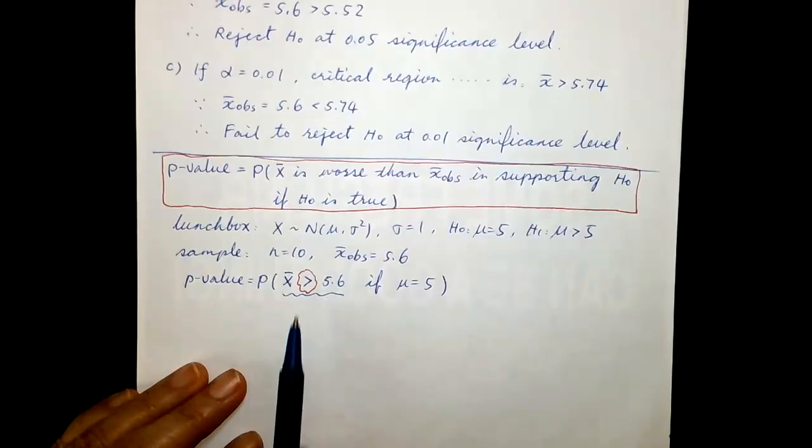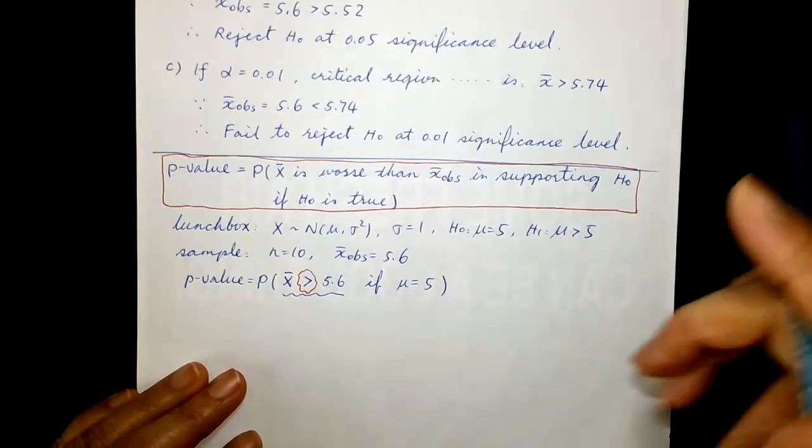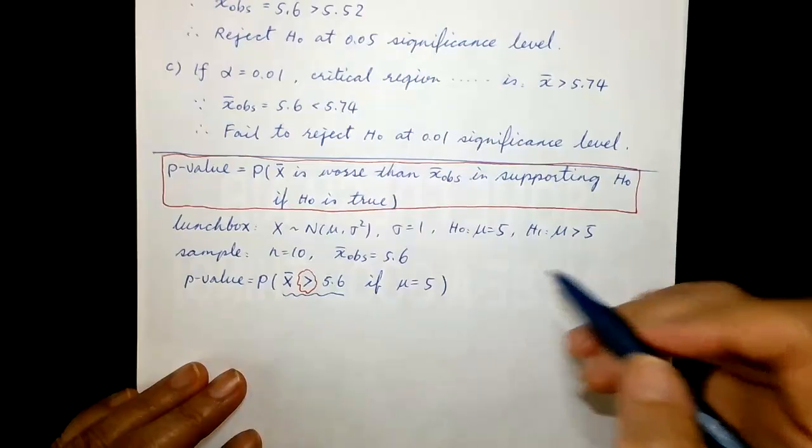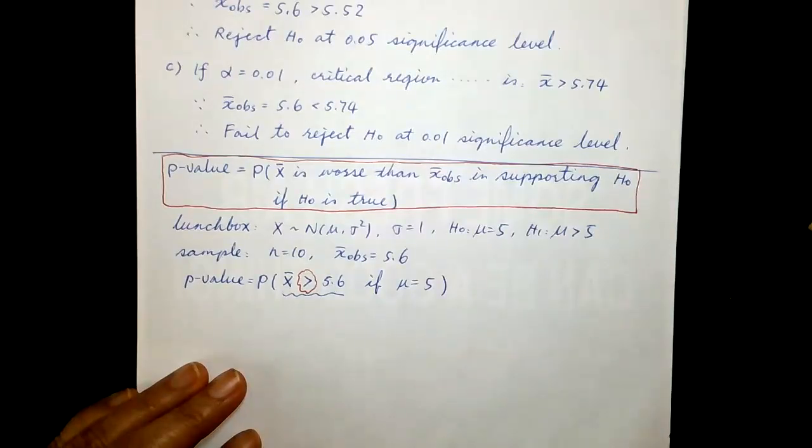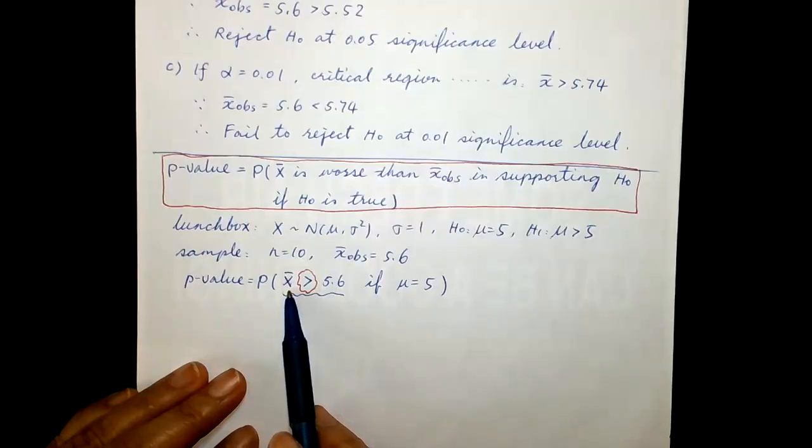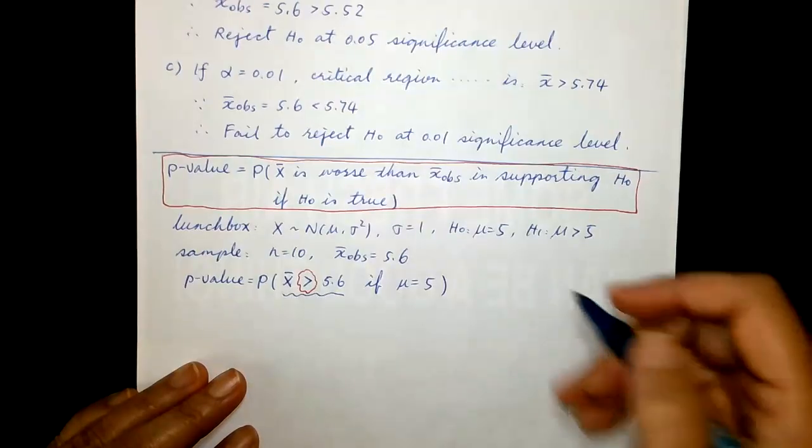Once you are able to write this out, you may think, oh, it looks very similar to the previous method. Again, I don't want to pull back that critical region method to confuse you right now. Let's just move ahead. X bar is the variable, which is normal, right?